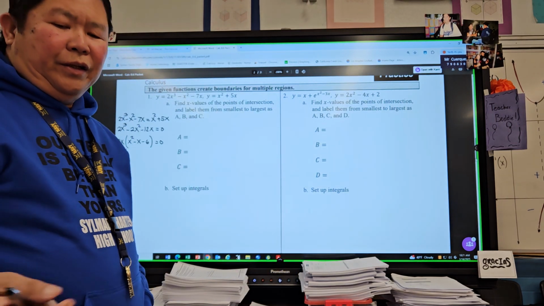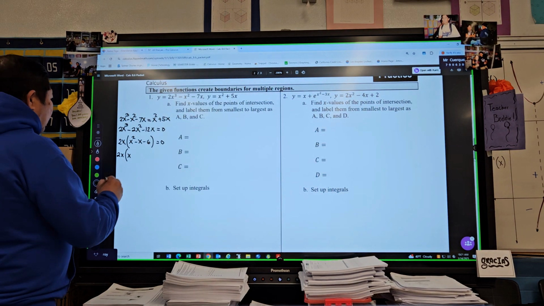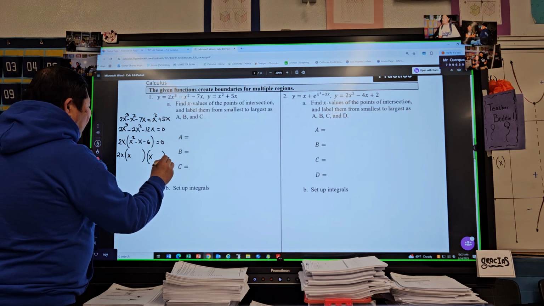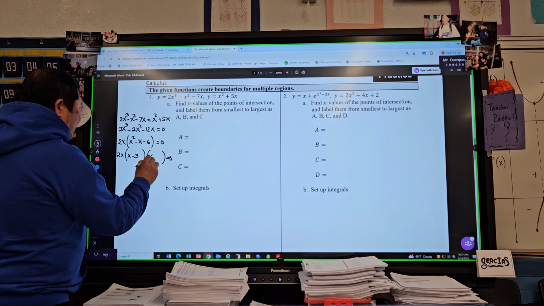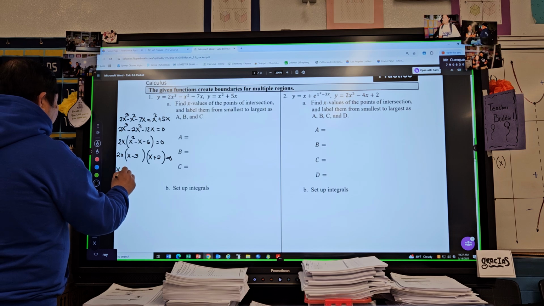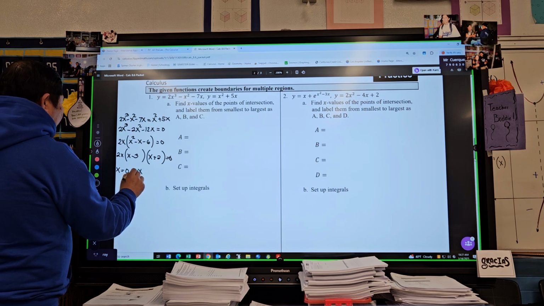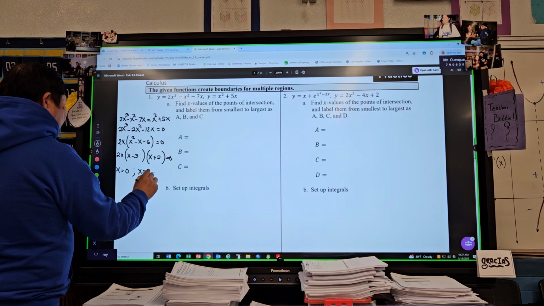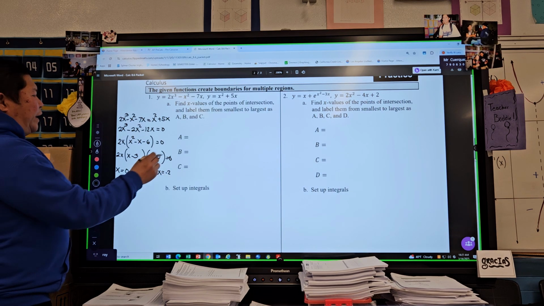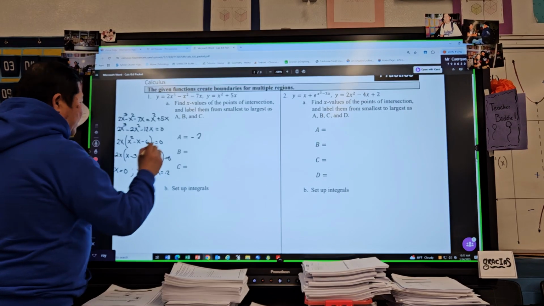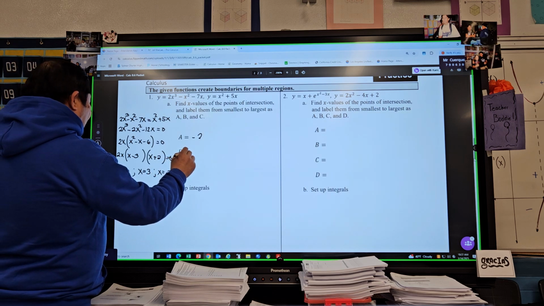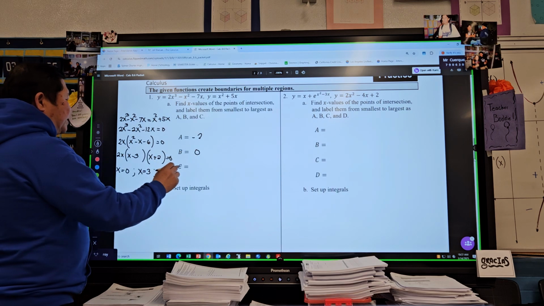Okay, guys, let's continue. So what's the first value of x? X equals 0. What else? X equals 3, and the other value x equals negative 2. Therefore a must be negative 2, b must be 0, and c must be 3.